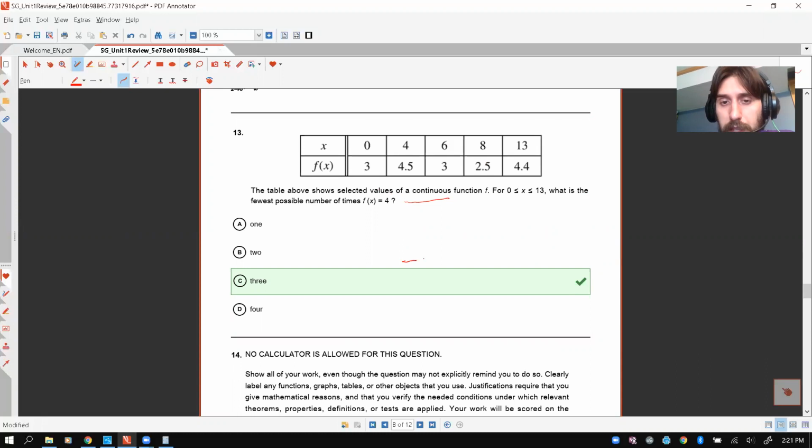So if this is your first endpoint and this is your second endpoint, and you need to get from here to here between certain values, like between 0 and 13 for x, every y value that's between these two y values is going to have some x value between 0 and 13 that makes that y value. It would be impossible to get from this endpoint to that endpoint without crossing every single intermediate value between those.